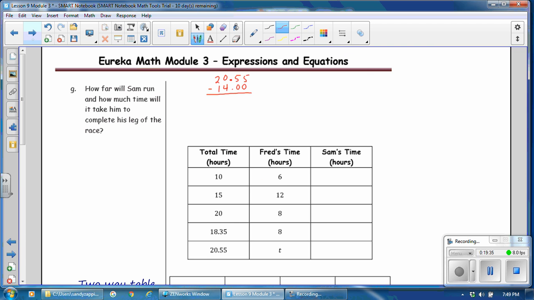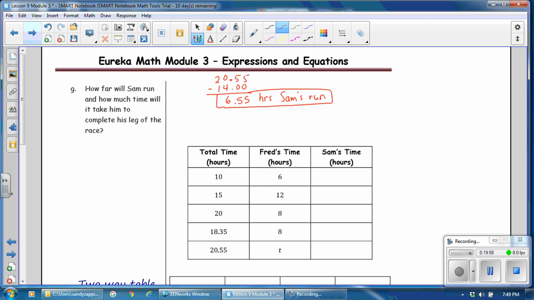So we do the subtraction, and we have 6.55. 6.55 what? 6.55 hours for Sam's run.